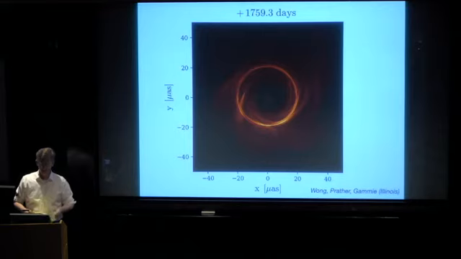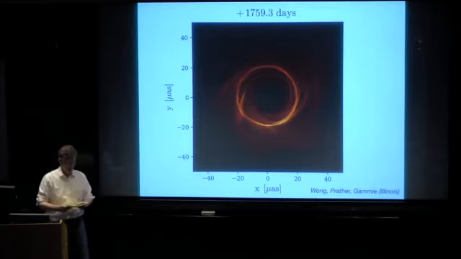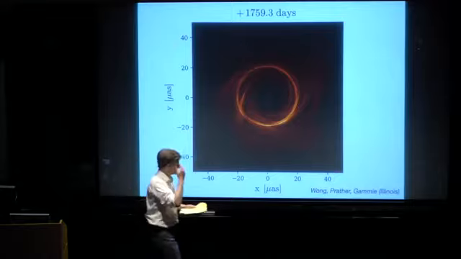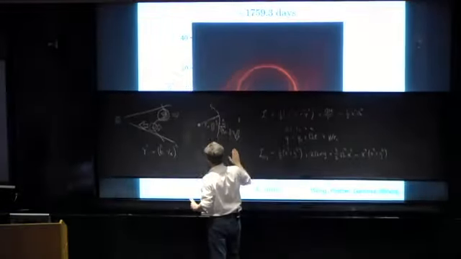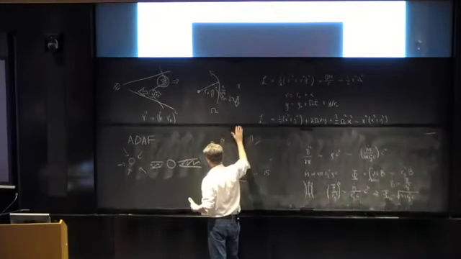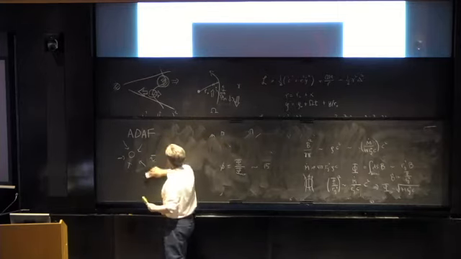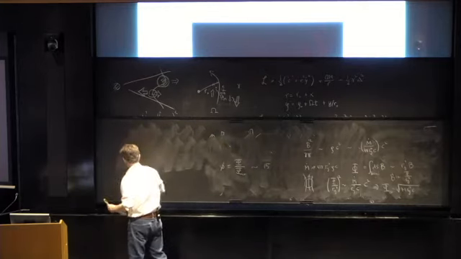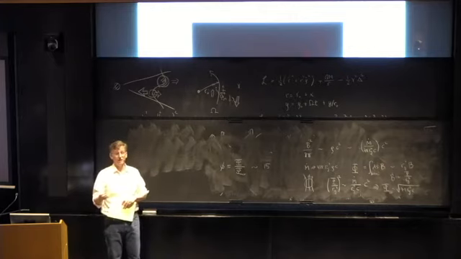So Blanford-Znayak. We've already done the limiting magnetic flux, and now we want to ask what happens when you embed that magnetic flux in a rotating black hole.